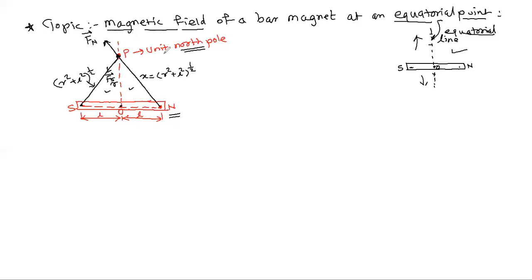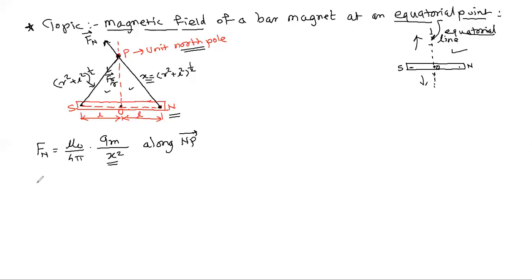Now here, whatever you imagine, the unit north pole placed at point P, then from Coulomb's law, the force exerted by the north pole of the magnet on a unit north pole is given by Fn is equal to mu 0 upon 4 pi Qm upon x square, that is along NP. And here the value of x you can put this one.